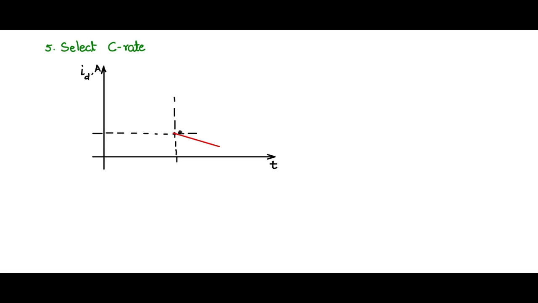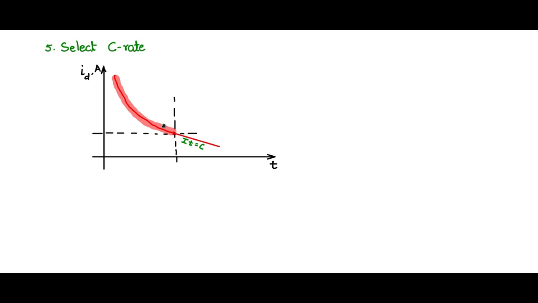Now at values of discharge currents lower than this operating point, I have drawn a straight line here, and it is following this relationship, which is I into T is equal to a constant C, constant capacity C. And then here at discharge currents above this particular selected discharge current, it will follow some kind of a square law pattern.